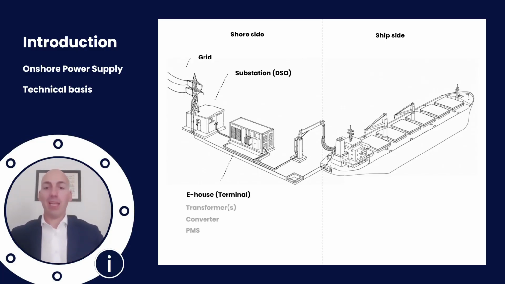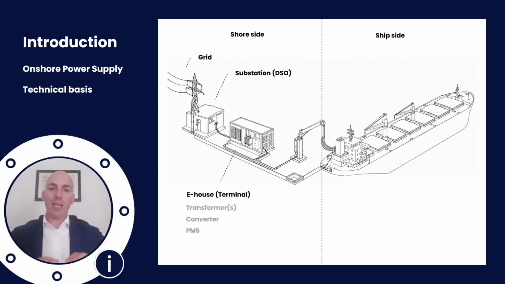It is then brought to the e-house somewhere at the terminal that houses the transformers that you just saw, and typically also, in the EU, converters, because a lot of ships on the right hand side are powered by 60 Hz equipment, so they have a different frequency from the European grid, which is on 50 Hz. And of course the power management system also needs to be installed in order to redirect and know where the power is, where to direct power to; the safety, the interlocks, everything else needs to be included there too.